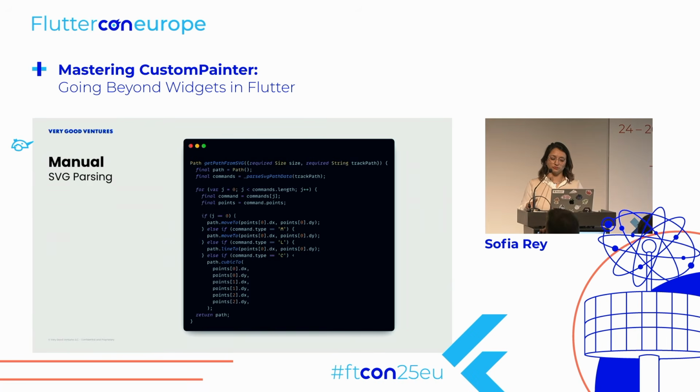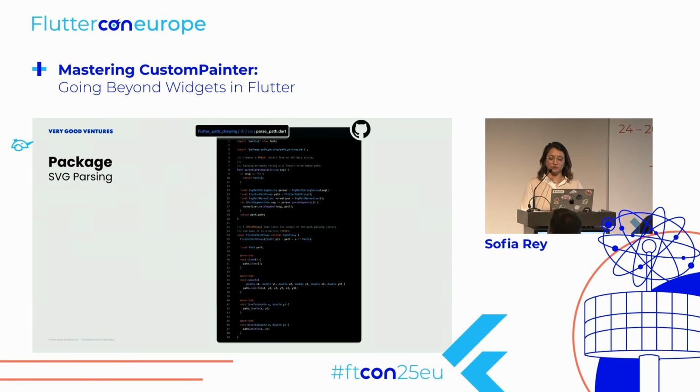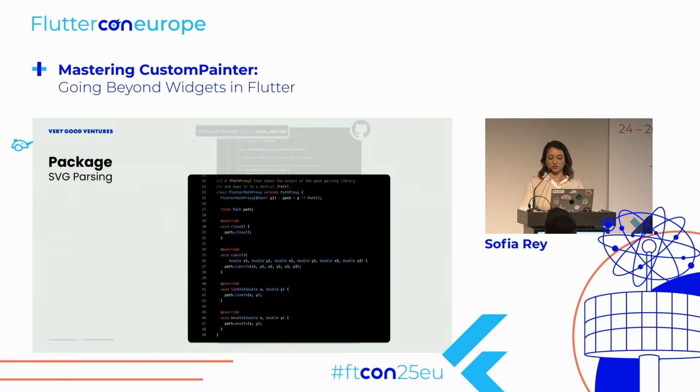Okay, then do a move to. Is the letter an L? Then do a line to. And if the letter is a C, then do a cubic to, assigning the corresponding numbers to each method, right? And if you're curious, you can also check that in the path drawing package, they are doing something like that. In their GitHub, in the parse path file, you can see that they end up using the same commands, cubic to, line to, and move to.